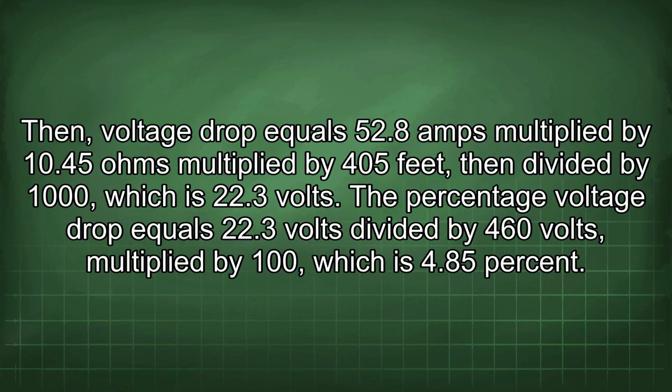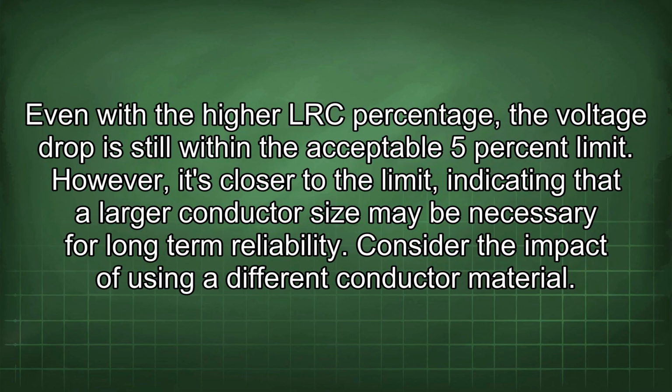The percentage voltage drop equals 22.3 volts divided by 460 volts, multiplied by 100, which is 4.85%. Even with the higher LRC percentage, the voltage drop is still within the acceptable 5% limit. However, it's closer to the limit, indicating that a larger conductor size may be necessary for long-term reliability.